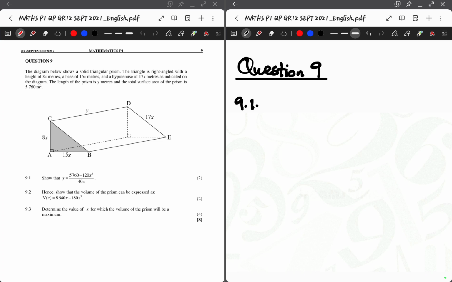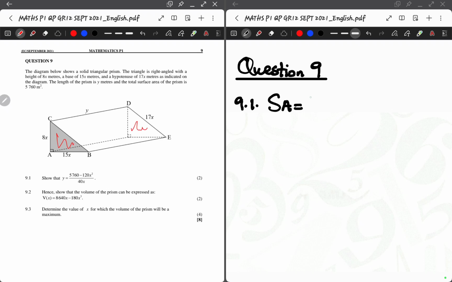In this case, the surface area will be, you've got two right angled triangles here.